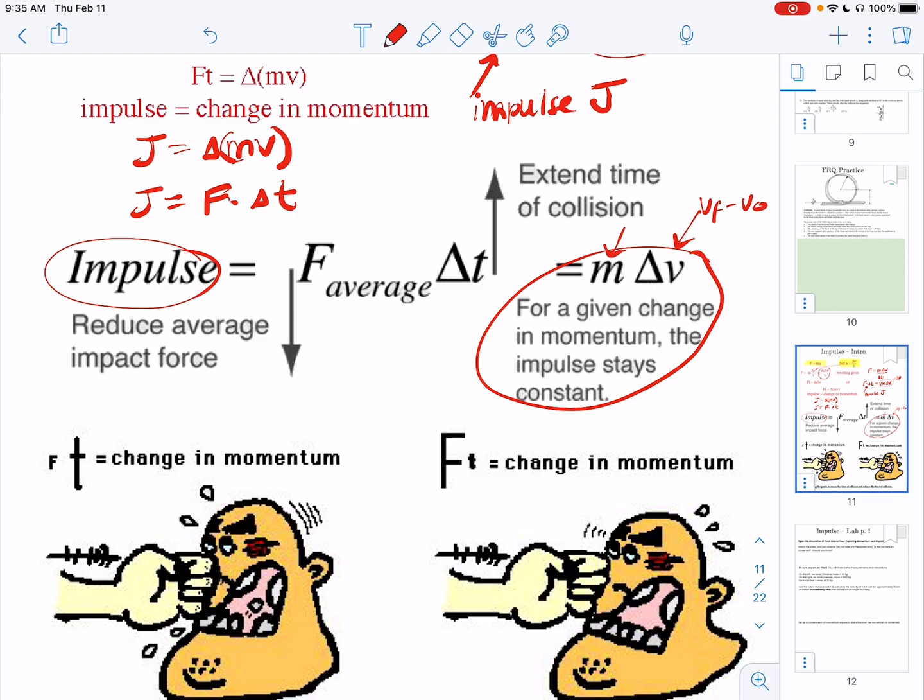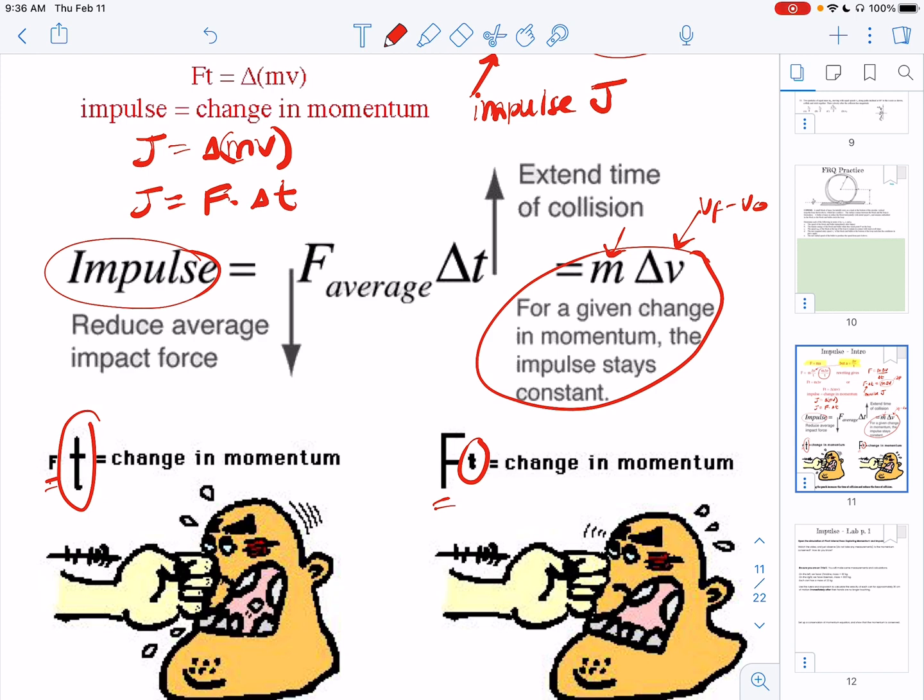If the stopping time is very big, that will make the force very small and be a safer way to stop. Versus if you stop very suddenly and the time is very small, that requires a very big force to get that amount of impulse.